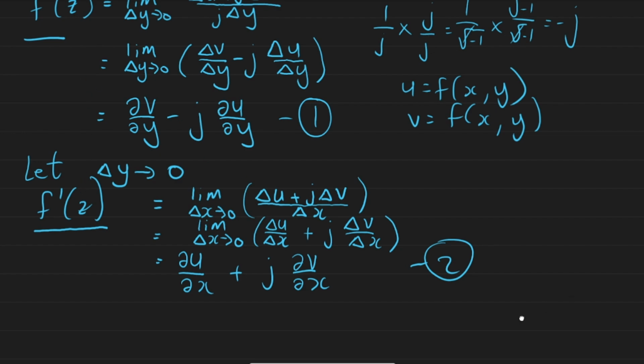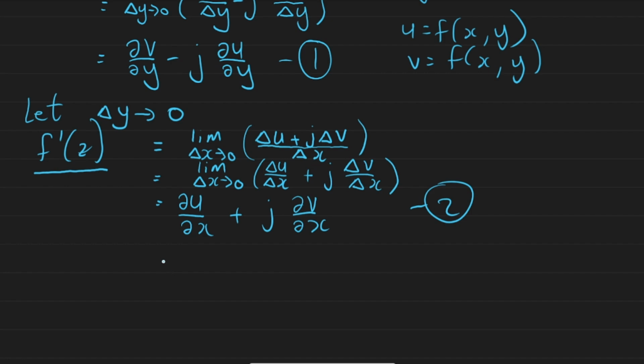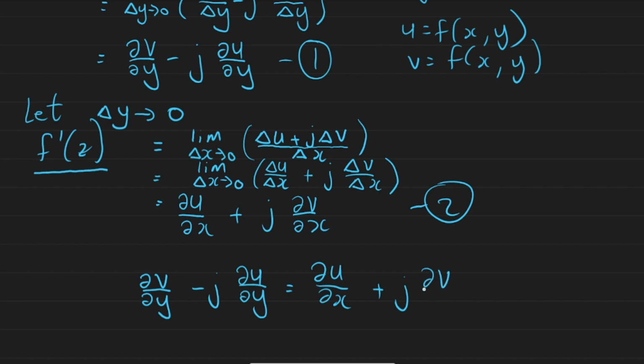So we have to make them the same, essentially, as a condition. So we're going to say that ∂v/∂y minus j ∂u/∂y is equal to ∂u/∂x plus j ∂v/∂x.